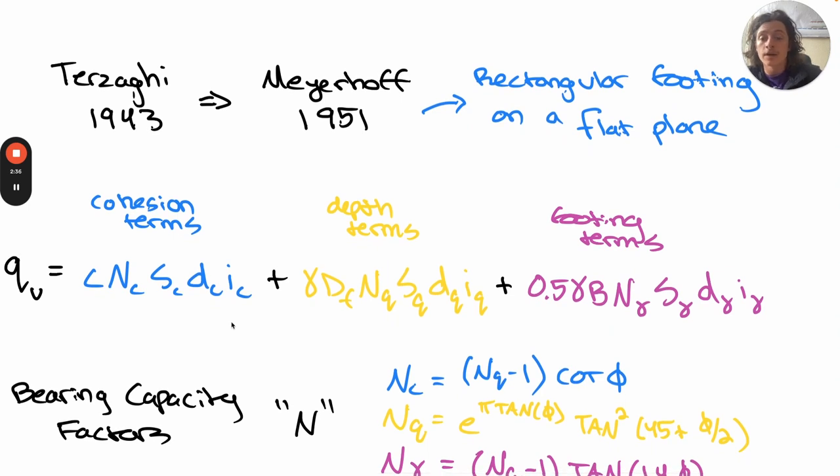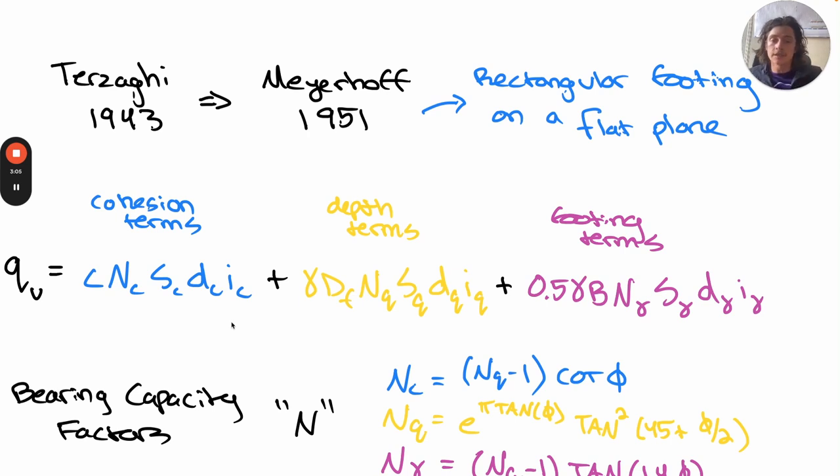C stands for cohesion, N stands for the bearing capacity factors, capital S is the shape factors, so that is going to be based on our size of a rectangular footing, so the shape factor depends on the width and the length of a rectangular footing, whereas N, the bearing capacity factors, are going to be based on our angle of internal friction.